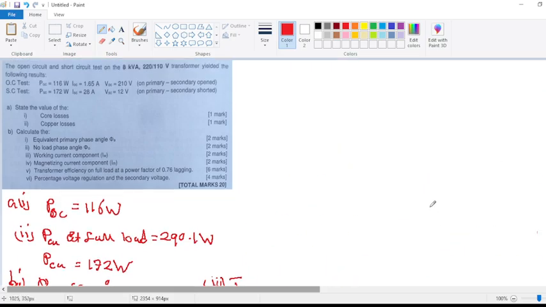So the drop now, the secondary voltage that they're talking about here, since there is the power factor of 0.76 lagging, there's going to be a turns ratio on the primary side. The turns ratio on the primary side, let me represent it as K. We're going to have V2 divided by V1.